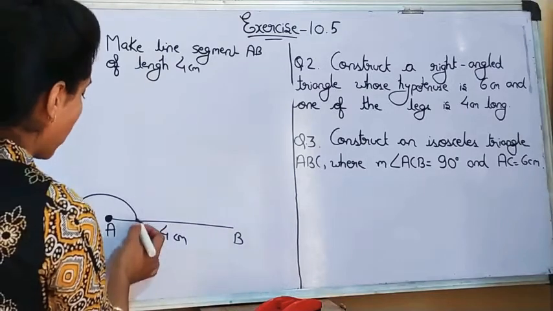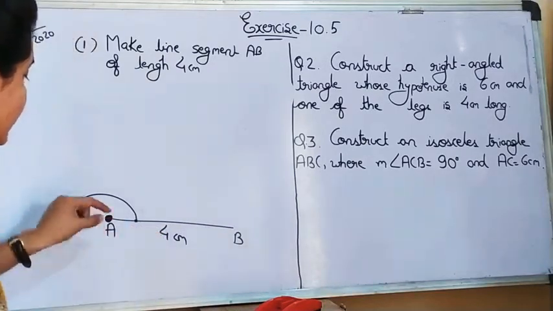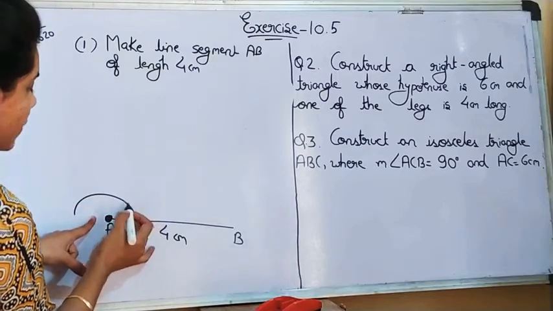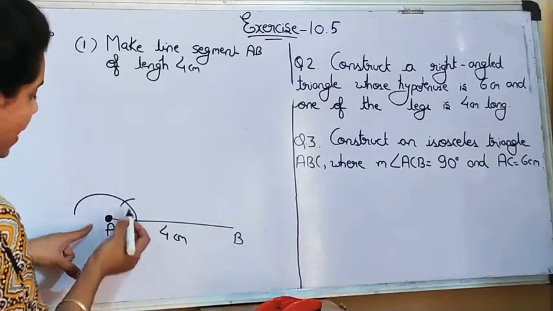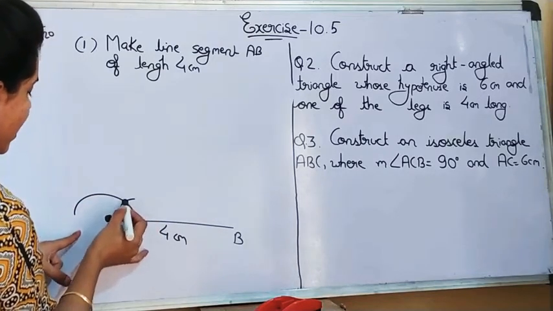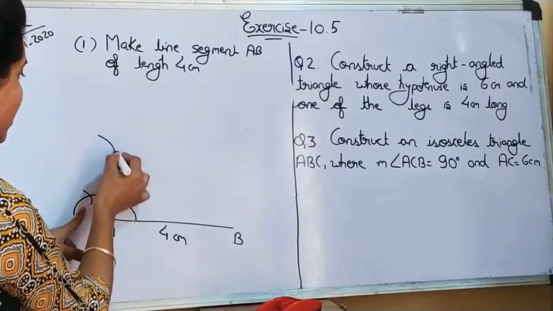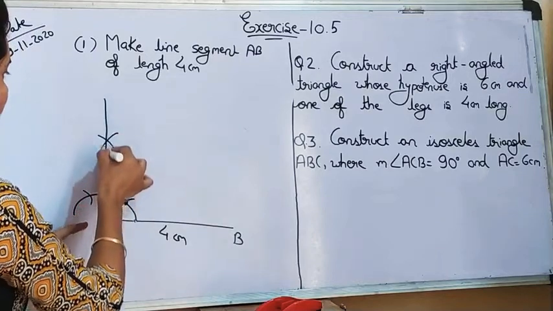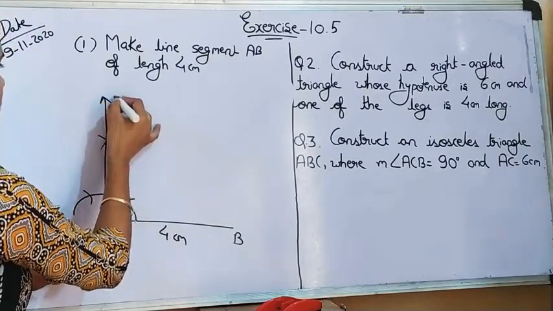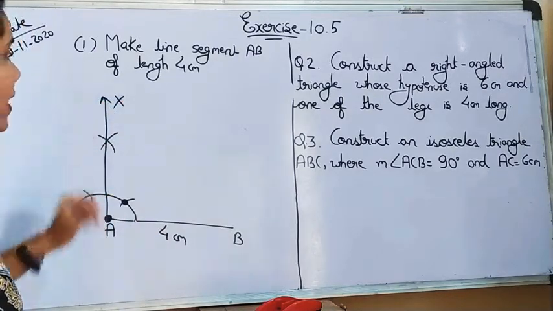Now by this radius only, cut an arc here, and from this point again cut an arc here. By using these two arcs, cut two more arcs here and draw the line segment. Give it the name AX.